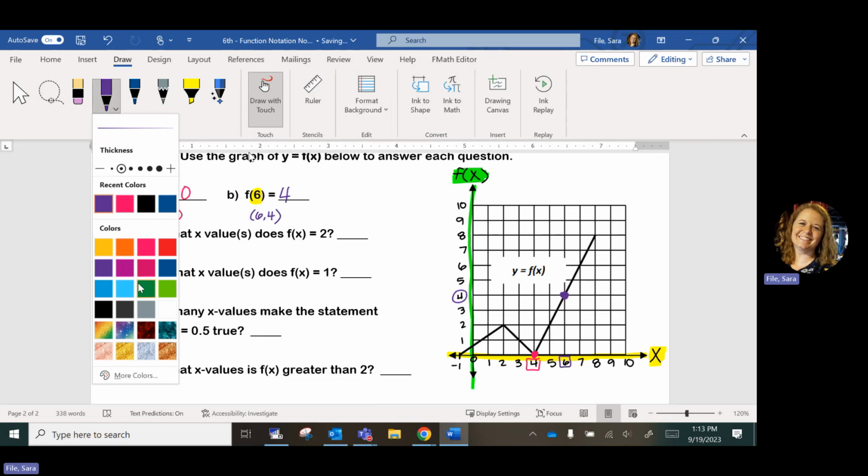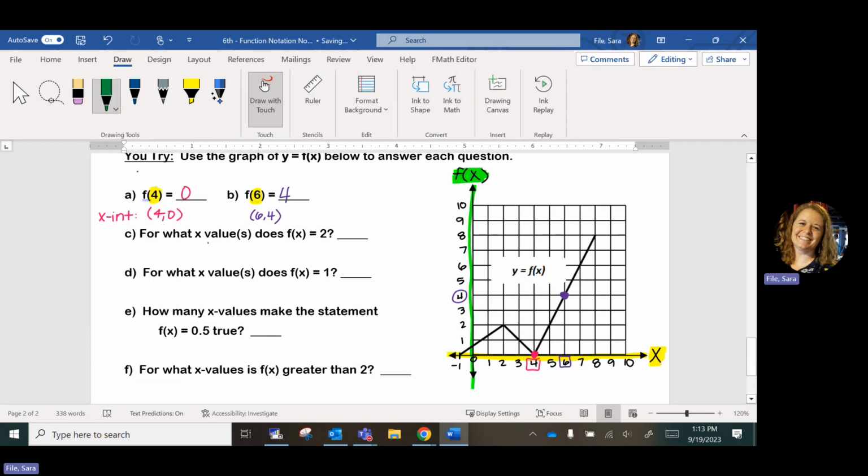Says, okay, well, what if f of x equals 2? So instead of telling us x is 2, they're telling us the output is 2. So we go to our vertical axis and find 2. That's our starting point. We're going to find where our graph is, and there's 2 places, here and here.